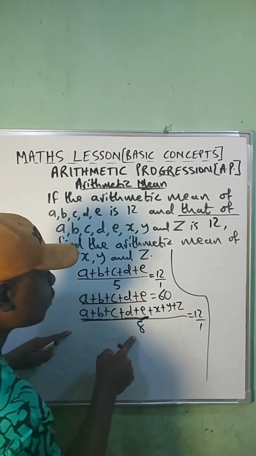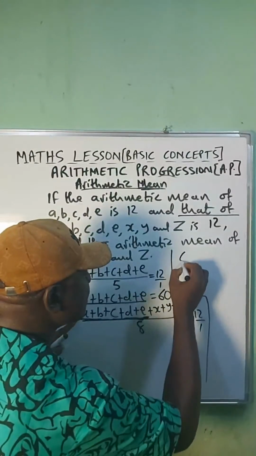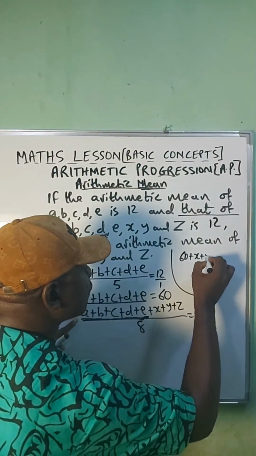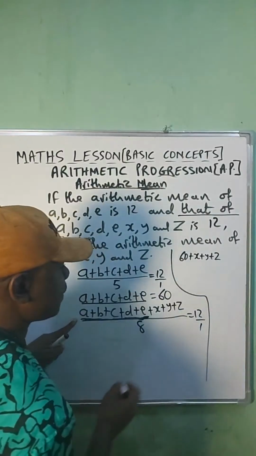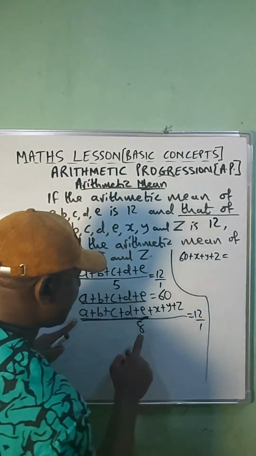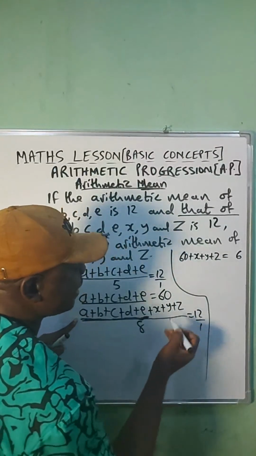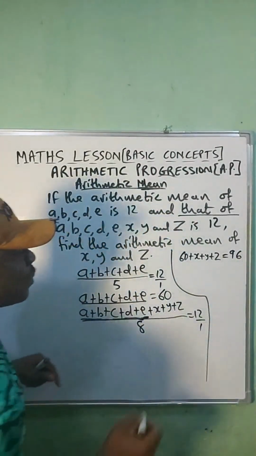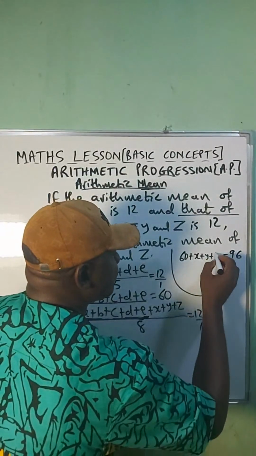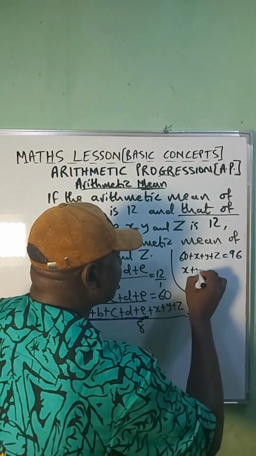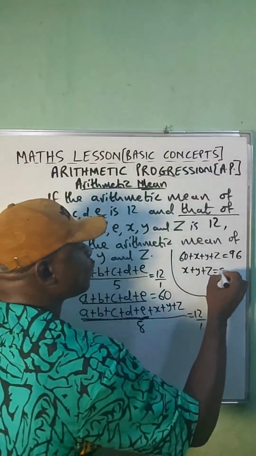So which means this is 60 plus X plus Y plus Z. This will be equal to 8 times 12: 8 times 2 is 16, carry 1. 8 times 1, 8 plus 1, 9. So from there, I will now get X plus Y plus Z will be 96.